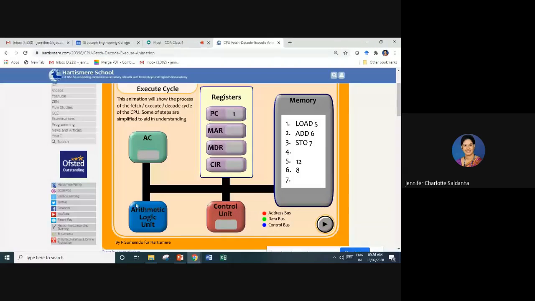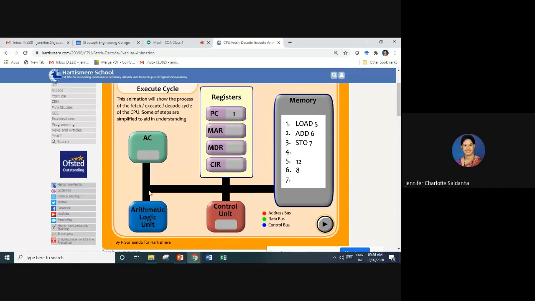All these units are part of the central processing unit or processor, and then this is the memory, with a connection between the processor and the memory, and a bus connected between the different functional units.